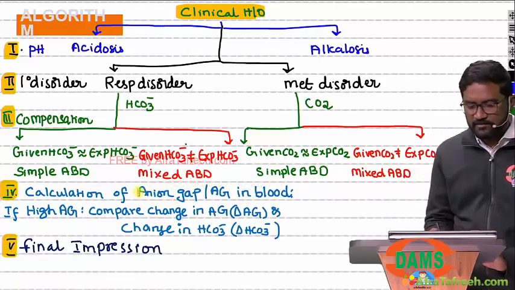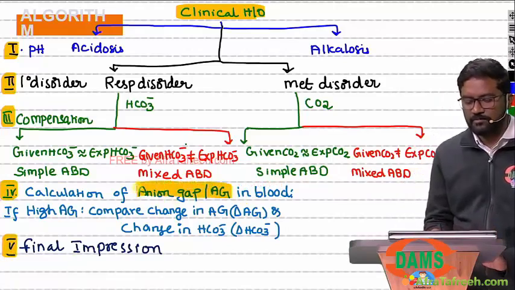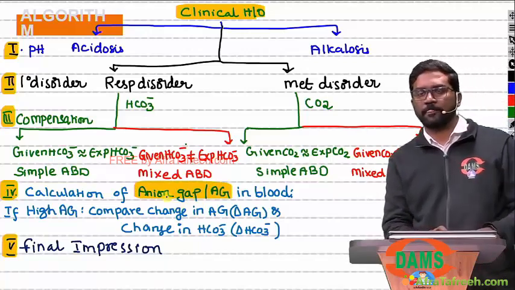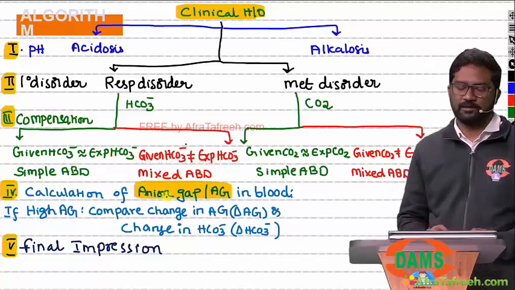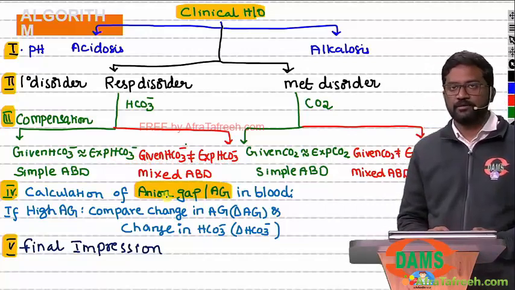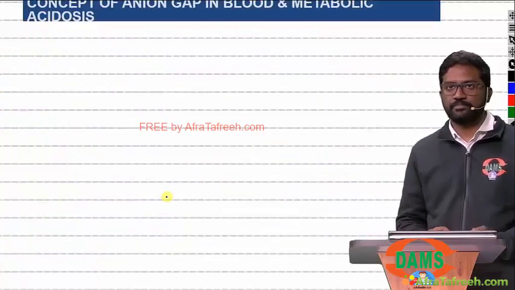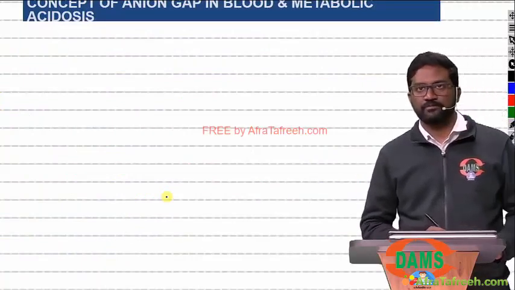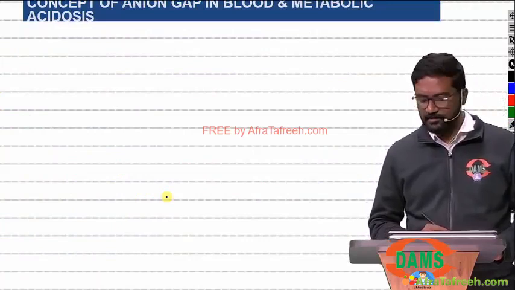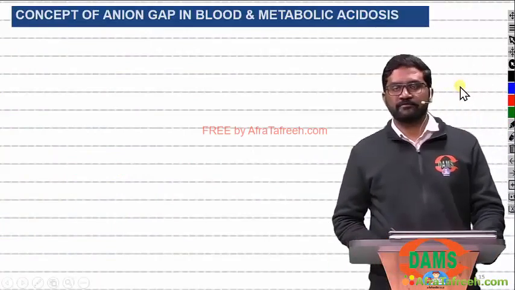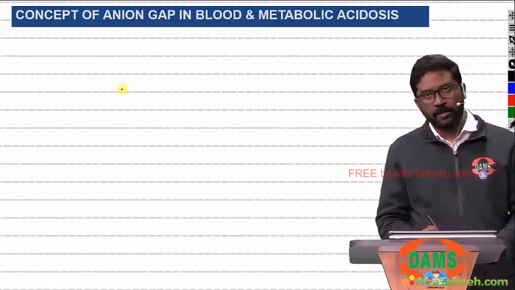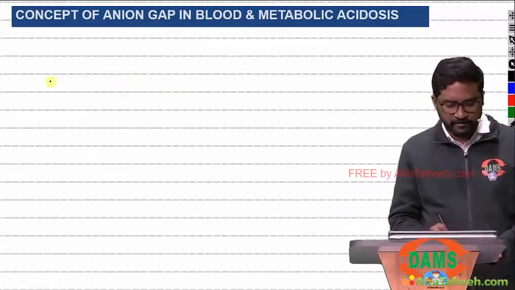Now let us discuss what this concept of anion gap in blood is, and we will also see metabolic acidosis in detail. So write down concept of anion gap in blood and also metabolic acidosis. Let us see the concept of anion gap in blood and metabolic acidosis.